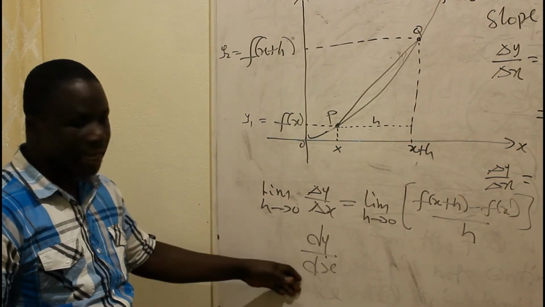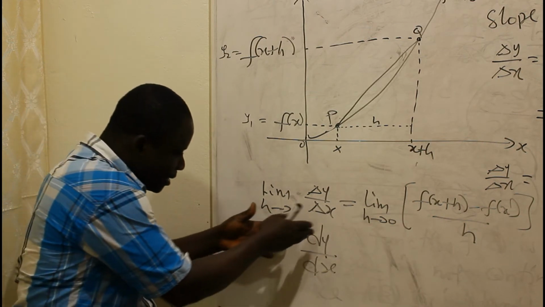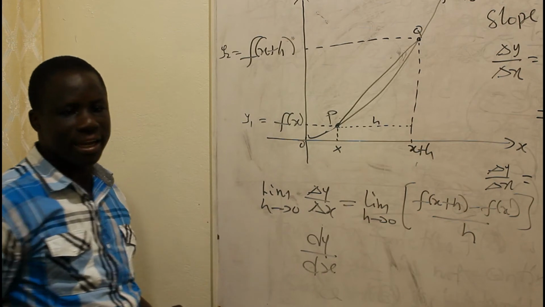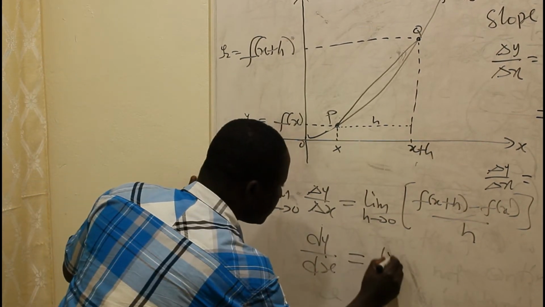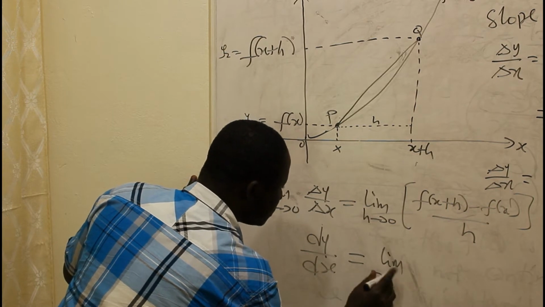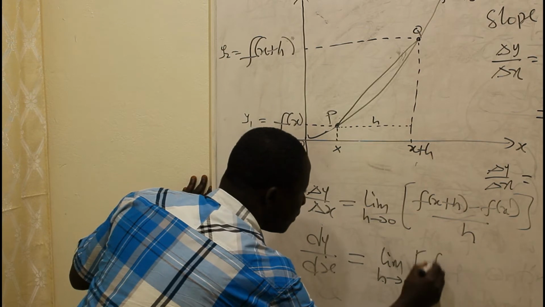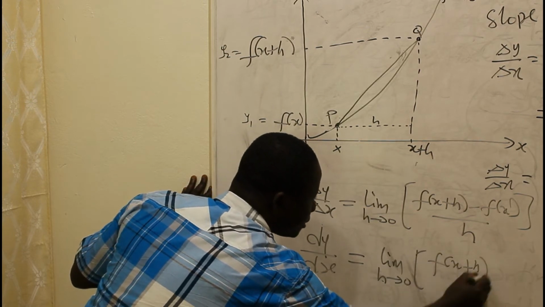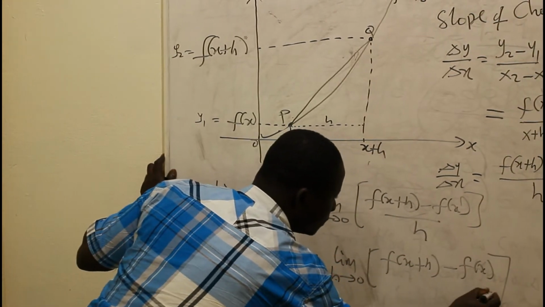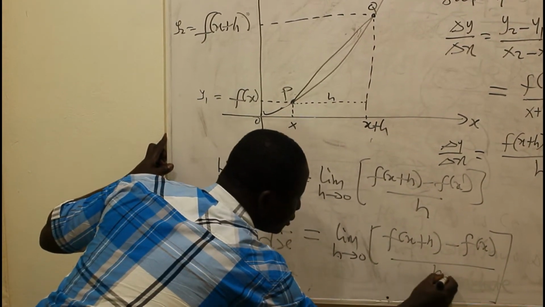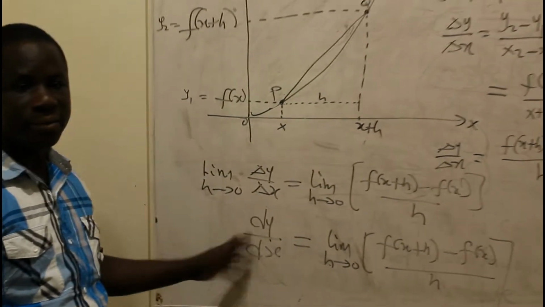So the dy dx you have been seeing is the changing y over changing x. And it becomes limit as h approaches 0 of f of x plus h minus f of x all divided by h. Changing y over changing x is now dy dx.